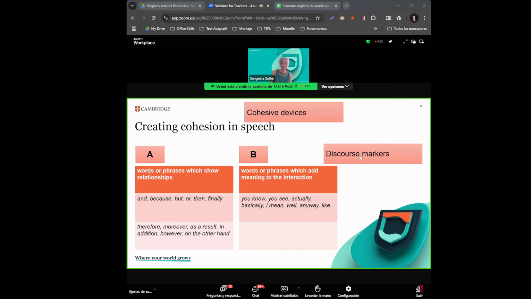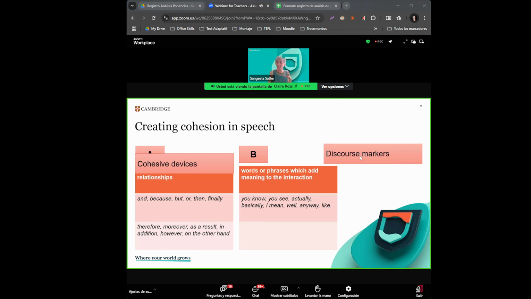So the first group is cohesive devices. These are words and phrases which show the relationships in what we say. If you notice the first group, and, because, but, these are basic devices.